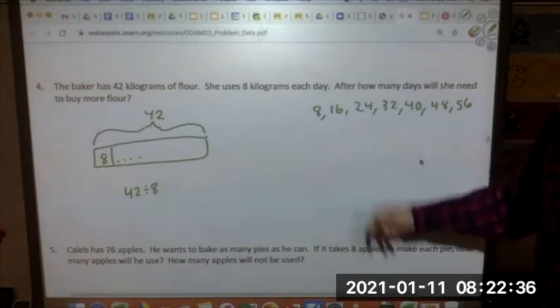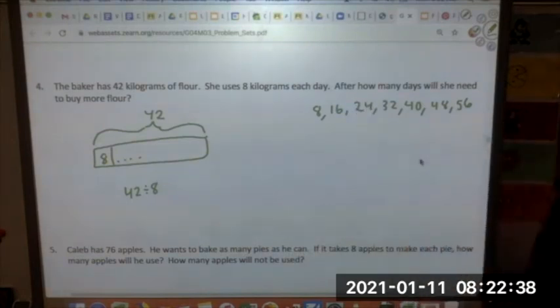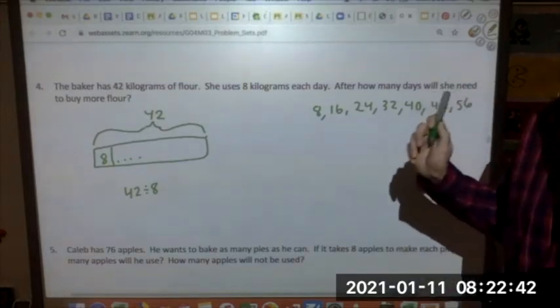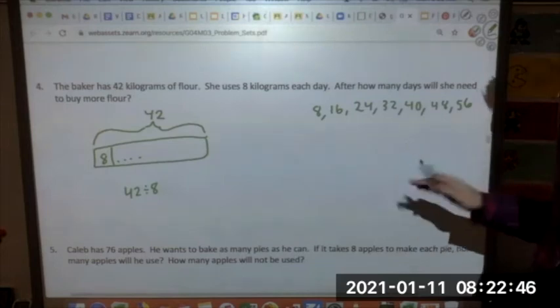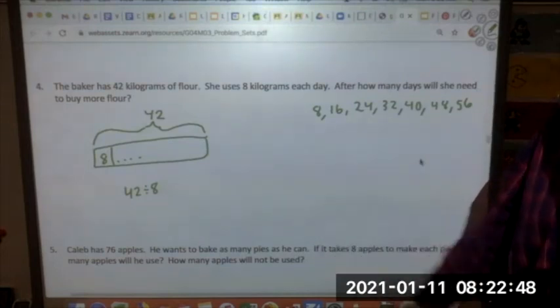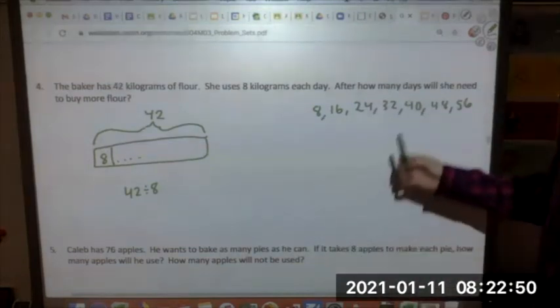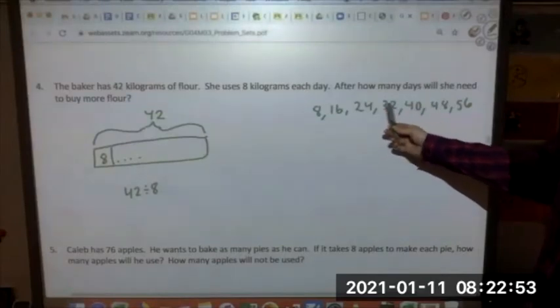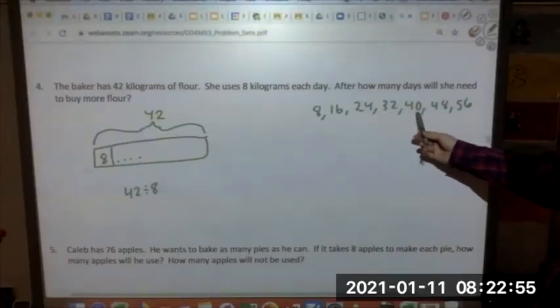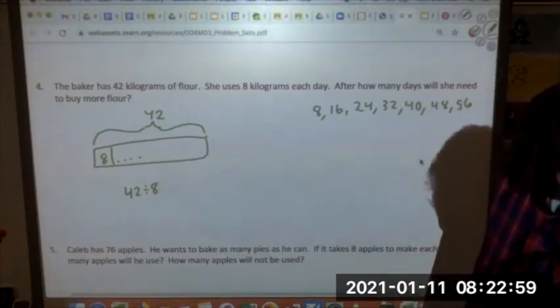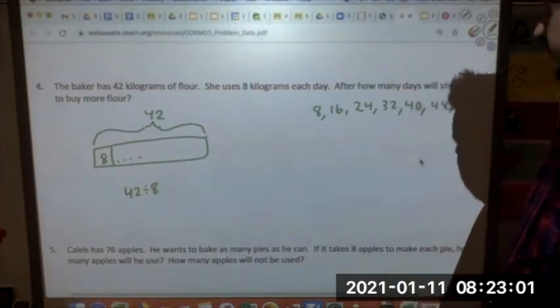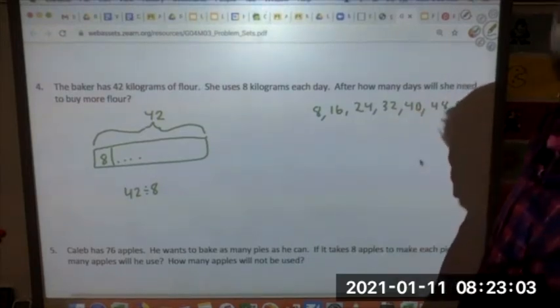16, 24. We're trying to get as close to 42 as we can. And looking at my list, the closest I can get without going over, the key is don't go over, because if you go over, then you've already subtracted more than you had. The key is looking for a fact. So we've got 32, 40, and 48. So the closest I can get without going over would be 40.